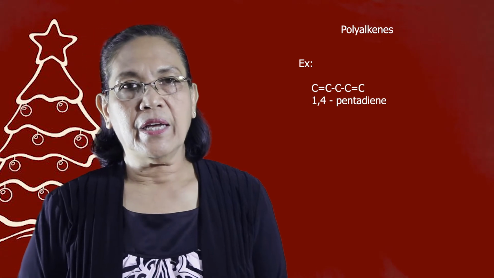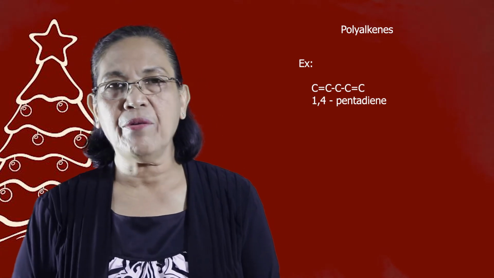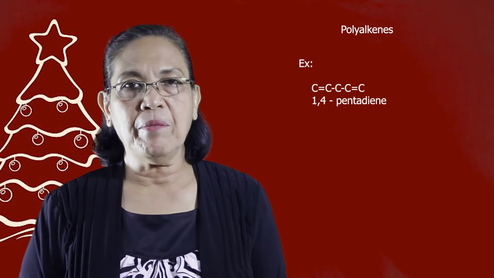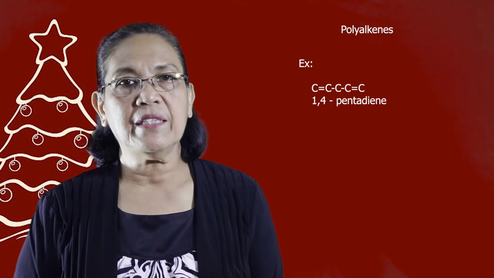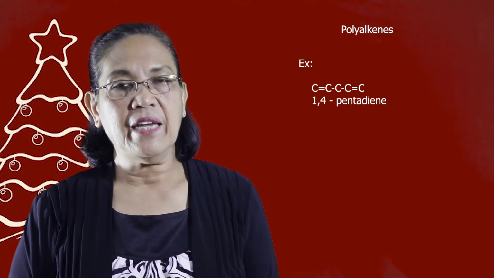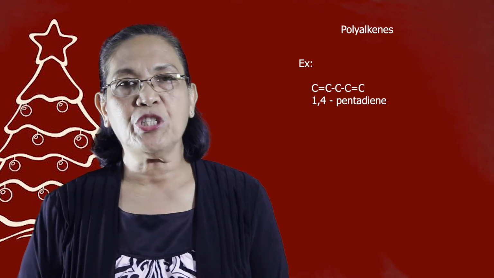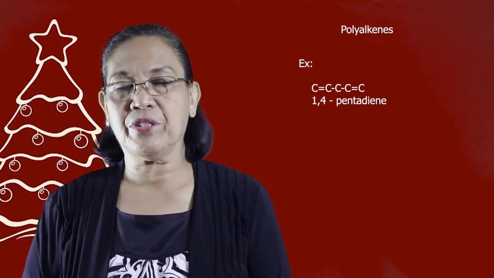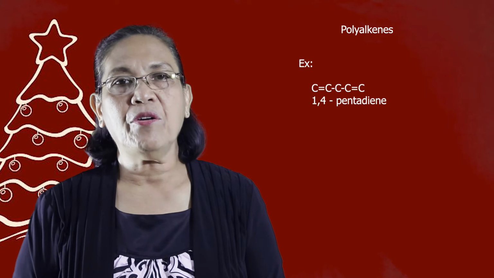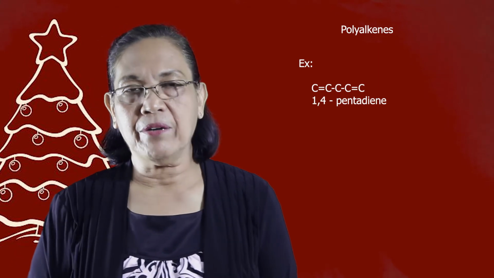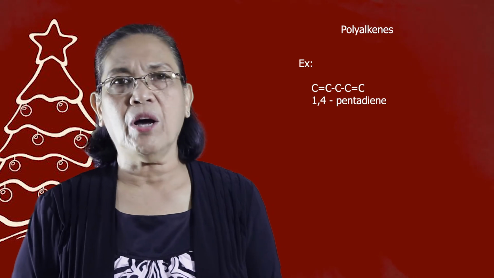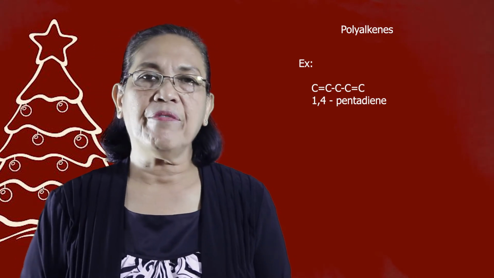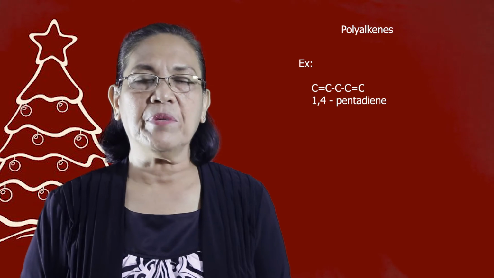So, if you're going to look at the structure now, you have C double bond C, single bond C, single bond C, double bond C. Okay? So, the double bonds are situated at the terminal carbons. Now, how do we name this compound? The locations of the double bonds are in the 1st and the 4th carbon.